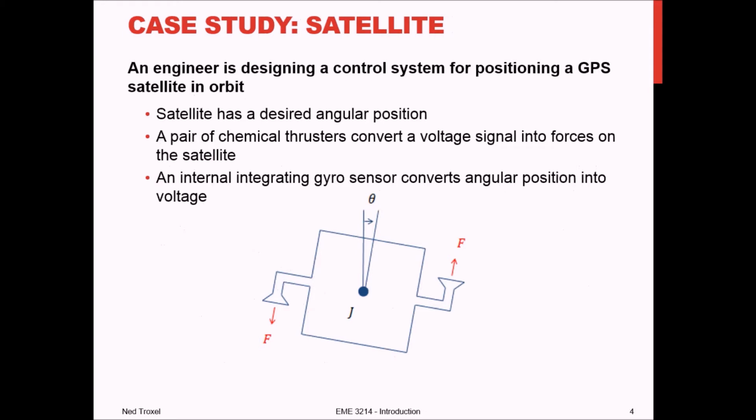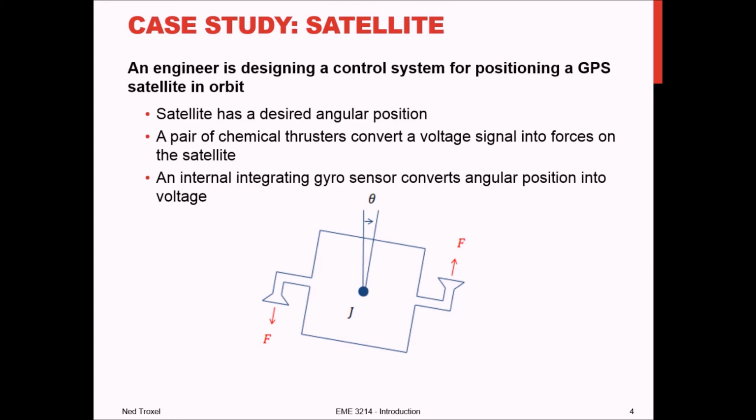Let's do a quick example. Here we're designing a control system for positioning a GPS satellite in orbit. We're going to do a one-dimensional part of that. We want to change the angle of the satellite, to point it in a different direction.